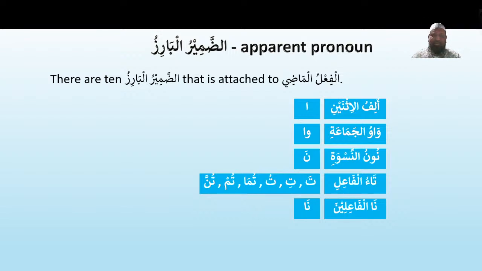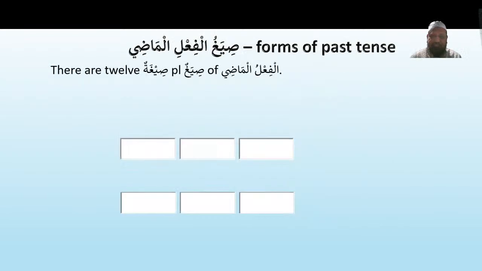Okay. Now let's attach these damirs to a fi'l al-madi. Let's see how many forms we have. There are 12 siyagun of al-fi'l al-madi. What is a sigha? Siyagul fi'l al-madi, forms of past tense. So sigha is a form. One form is called sigha. So we have 12 siyagun in al-fi'l al-madi.